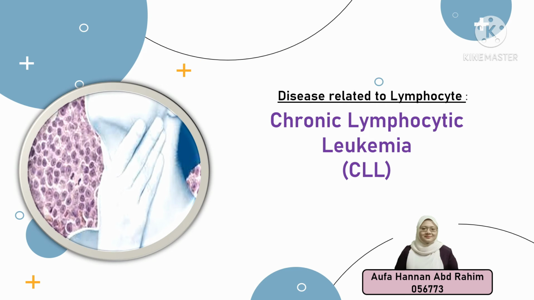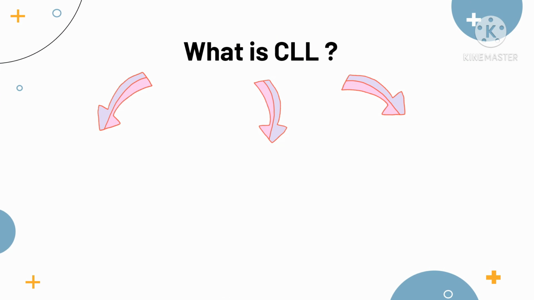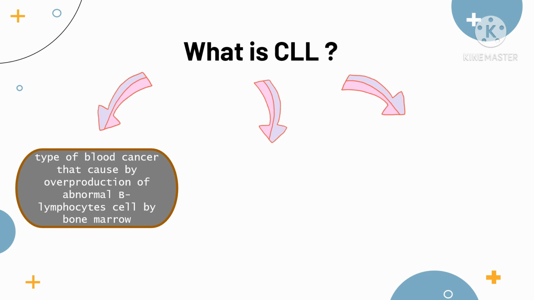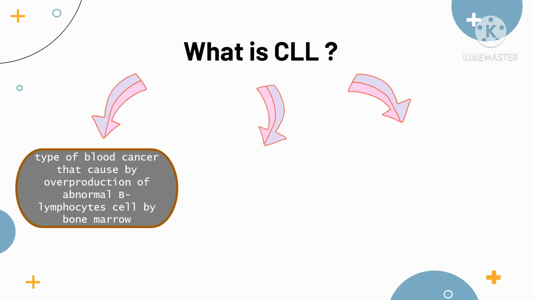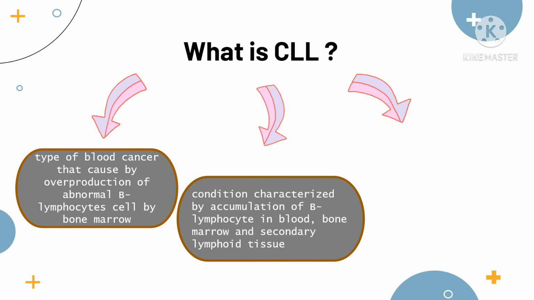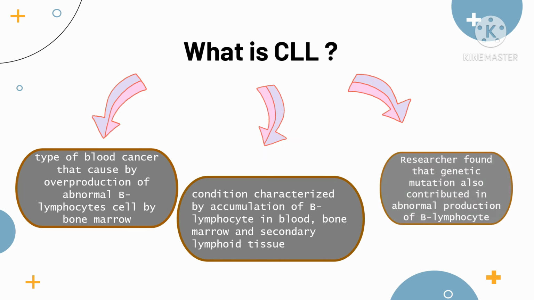Chronic lymphocytic leukemia. What is chronic lymphocytic leukemia? It is a type of blood cancer caused by overproduction of abnormal B lymphocyte cells by the bone marrow. This condition is characterized by accumulation of B lymphocytes in blood, bone marrow, and secondary lymphoid tissue.